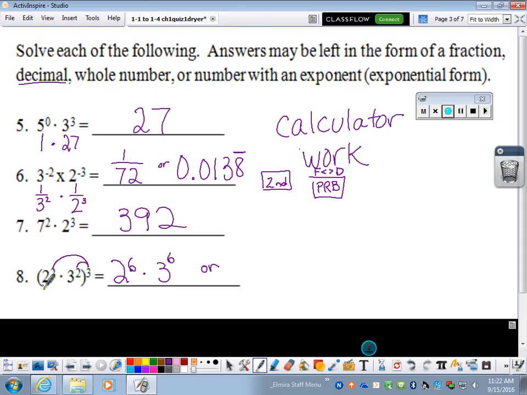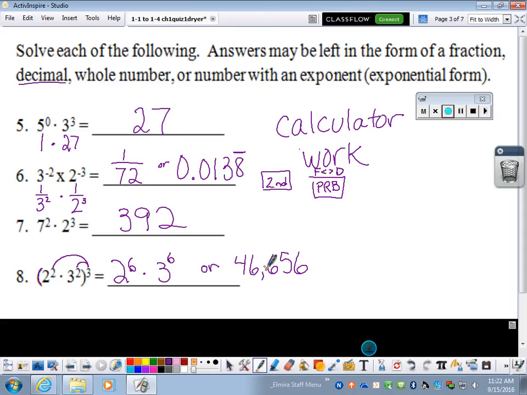Don't forget the parentheses. So parenthesis 2 squared times 3 squared, close your parenthesis, caret 3. And you get 46,656. Again, both of these answers are acceptable.